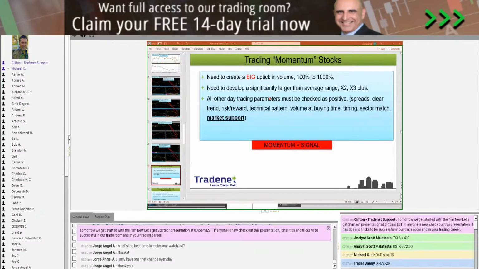And if the S&P 500 is moving lower and I'm trading a momentum stock higher, the outcome probably is going to be a losing trade. So I cannot join a momentum stock higher if the SPY is moving lower. The idea in this case is to join a momentum stock lower. That's the idea. Do not fight in the name of a momentum stock the daily trend. That's not going to work.